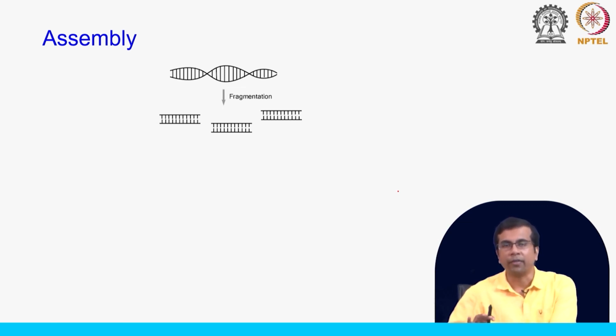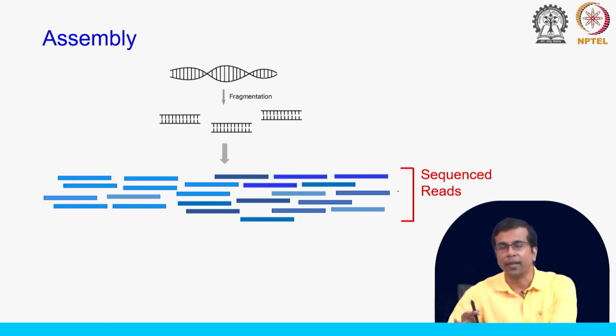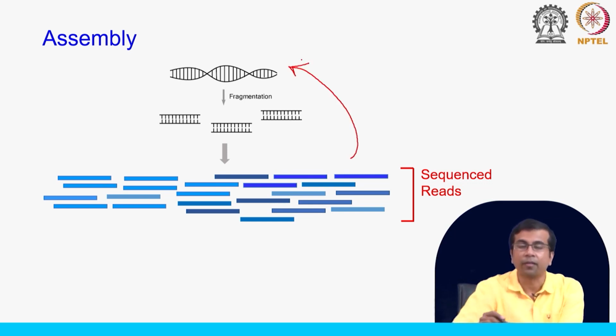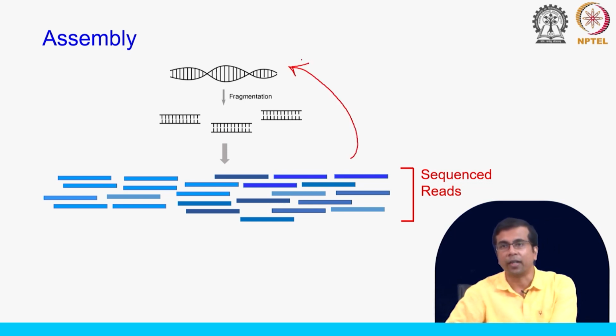Once we get these fragments, we process them through NGS, and what we get are the sequenced reads. These reads are shown in blue color here. Now, once we have these reads, assembly means that from these reads we would have to generate the sequence of the DNA that we started with.